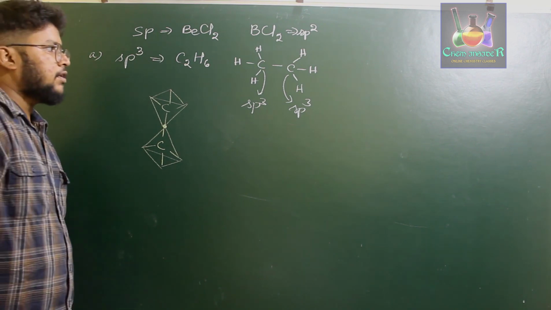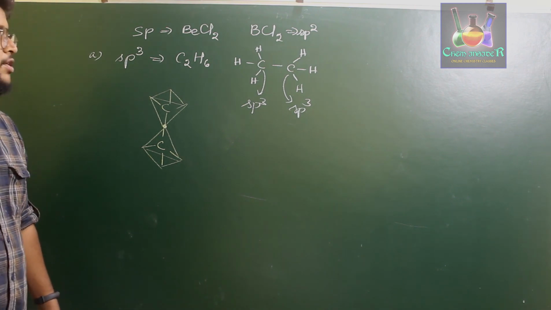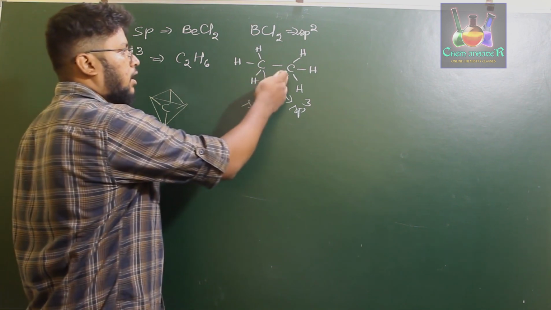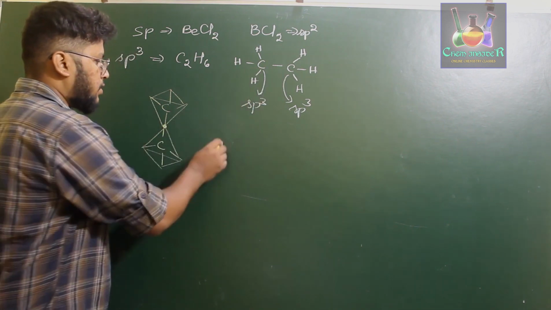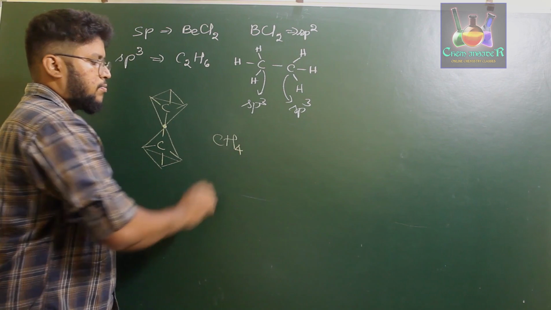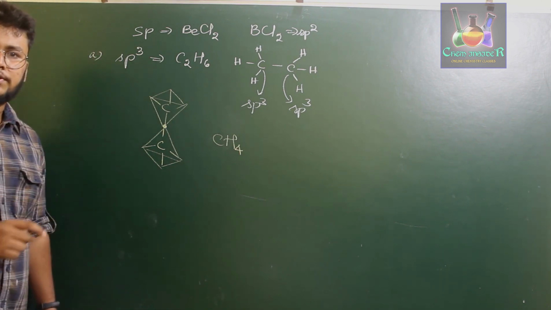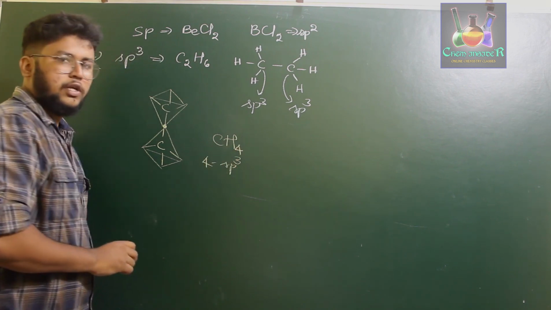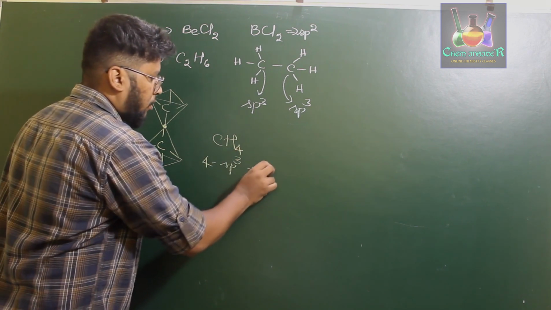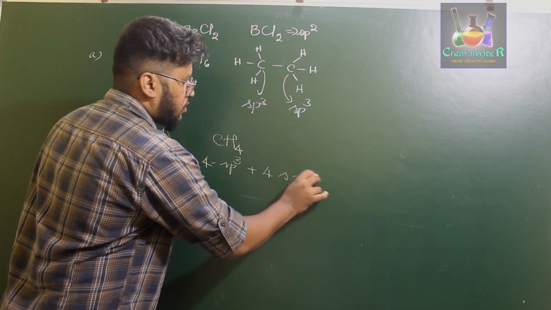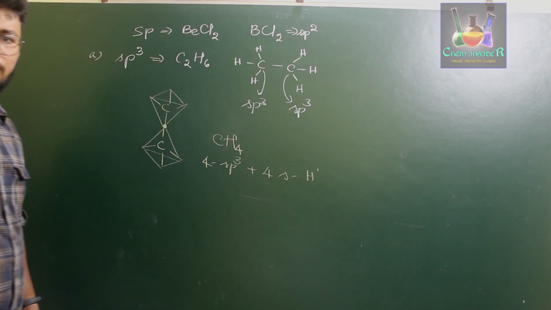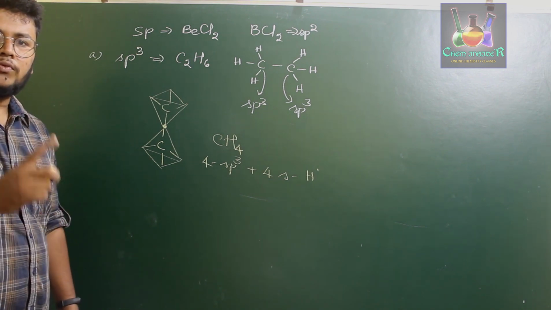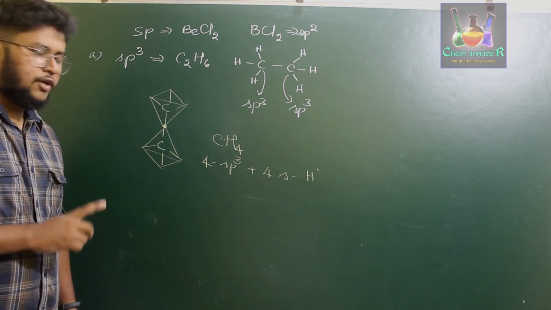Further, what we observe in the sp3 hybridization of C2H6 is the carbon-carbon bond. In the case of the CH4 molecule, the 4 sp3 hybrid orbitals of carbon were overlapping with the s orbital of each hydrogen.